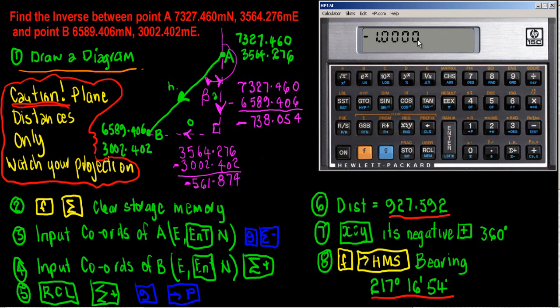Now the next thing we do is we put in our point B, easting first.